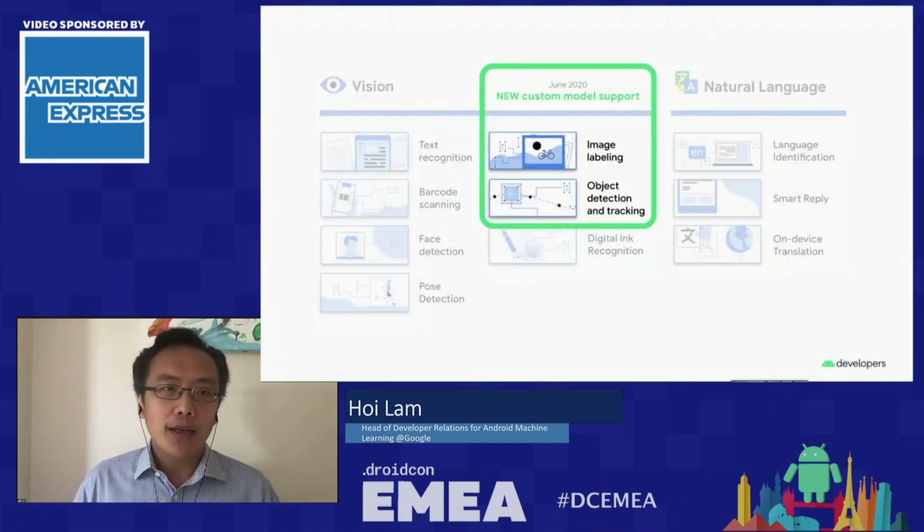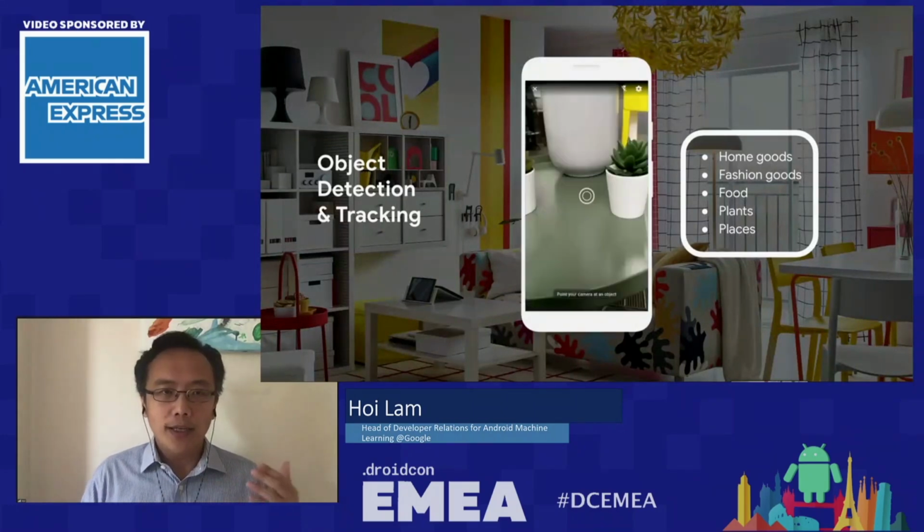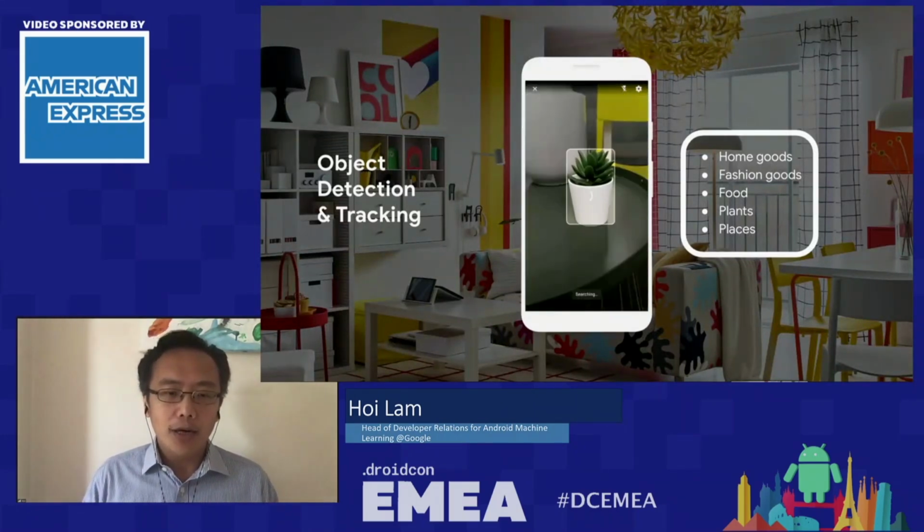Within MLKit, although we provide image labeling and object detection and tracking, a lot of our developers actually say, hey, can we use our own classifier because the ones that you have by default don't quite serve us? Let me illustrate how that might be the case. Within object detection and tracking, in the example that we had earlier, you might have other use cases.